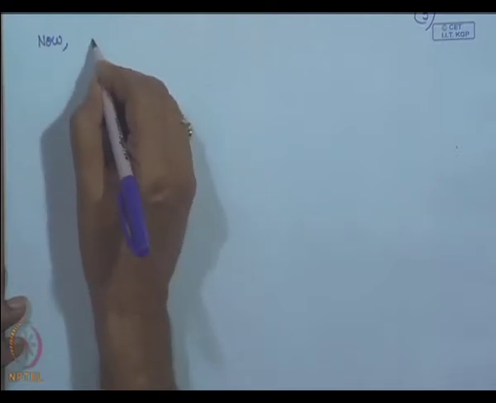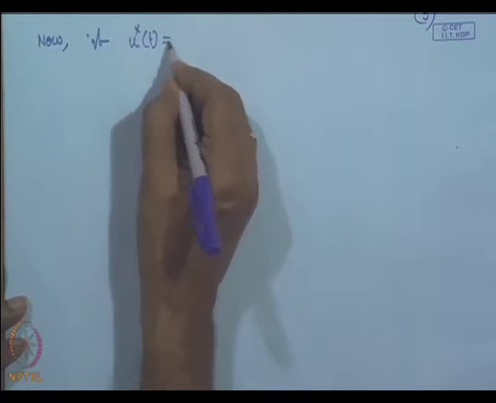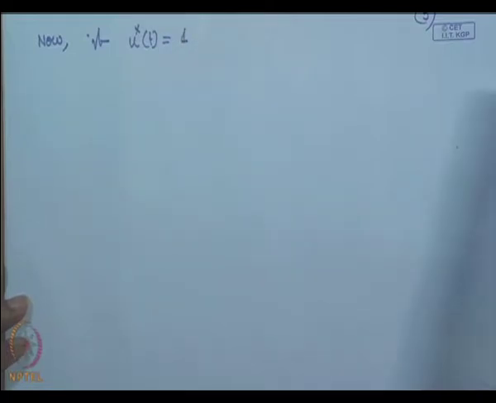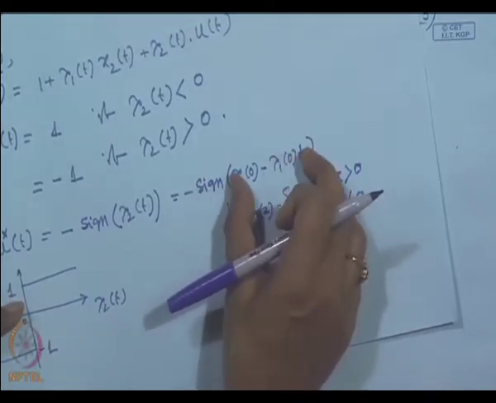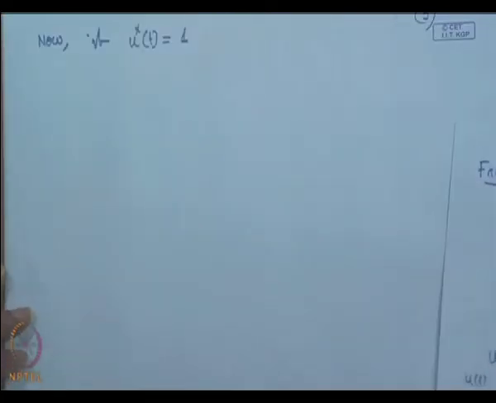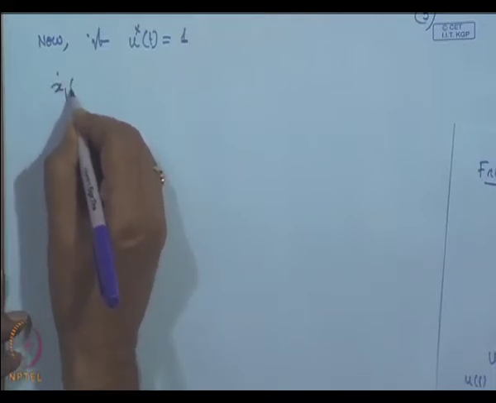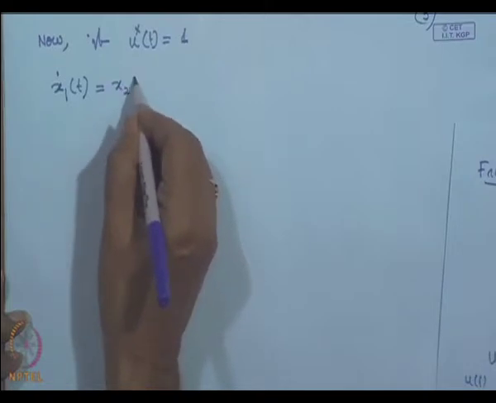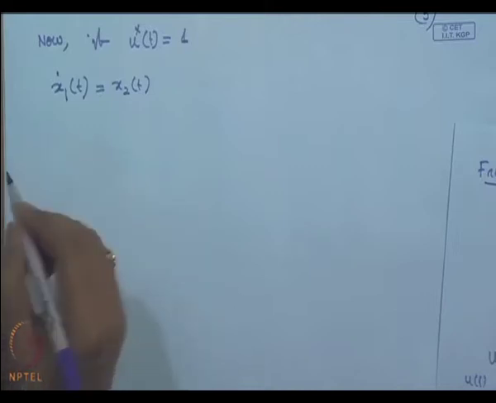So now see one by one what we are doing. Now, if u star of t is equal to 1, u star of t is 1 when this quantity is negative, then the sine of a negative quantity is minus sine, by definition. So, if it is 1, let us see the corresponding dynamic equation of the system. x 1 dot is equal to x 2 of t. Agree?